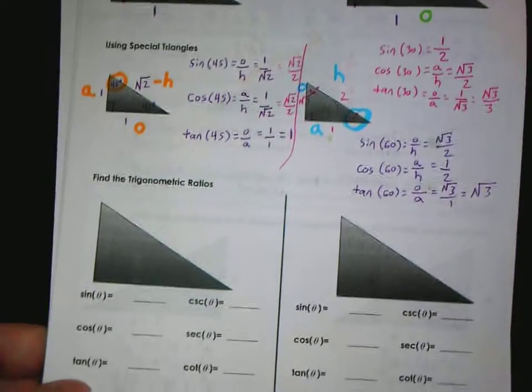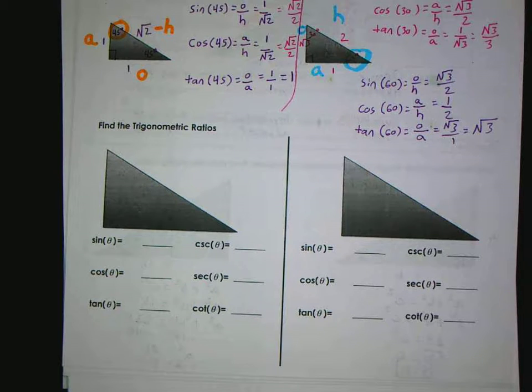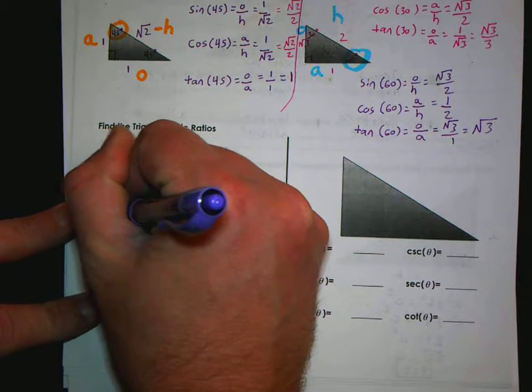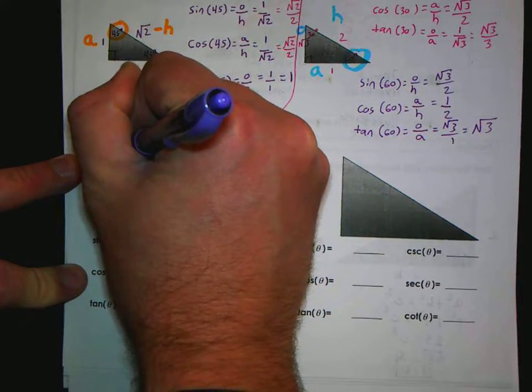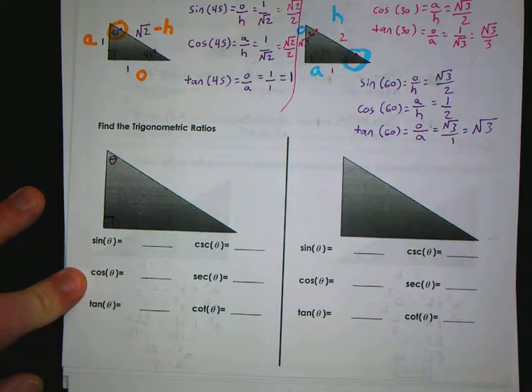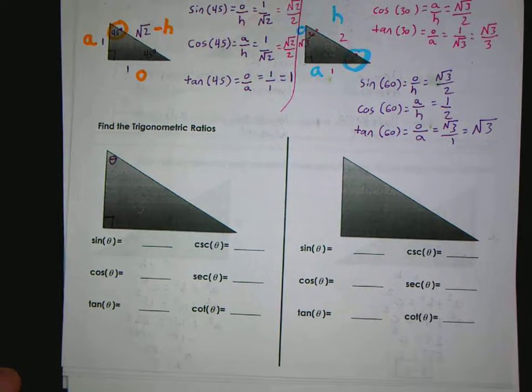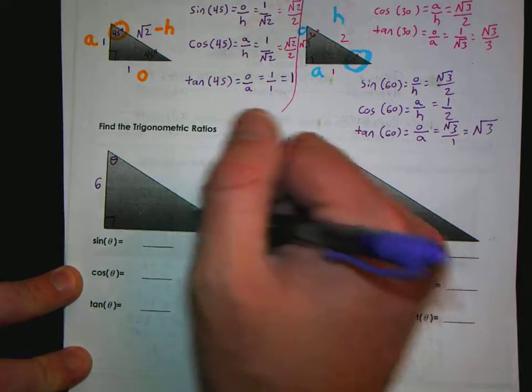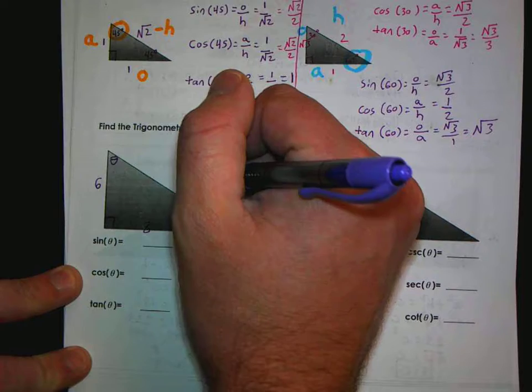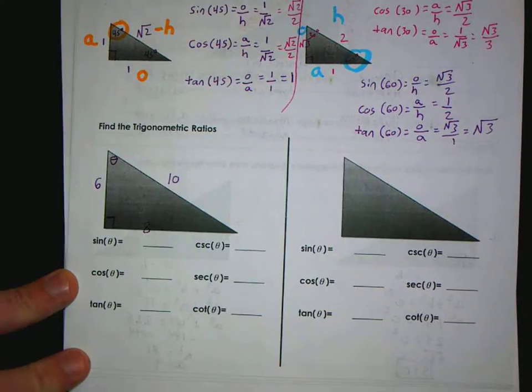All right, we're almost done. Let's do an example. Let's say we have a right triangle. And let's say this is my reference angle. And we have these values, 6, 8, and 10.